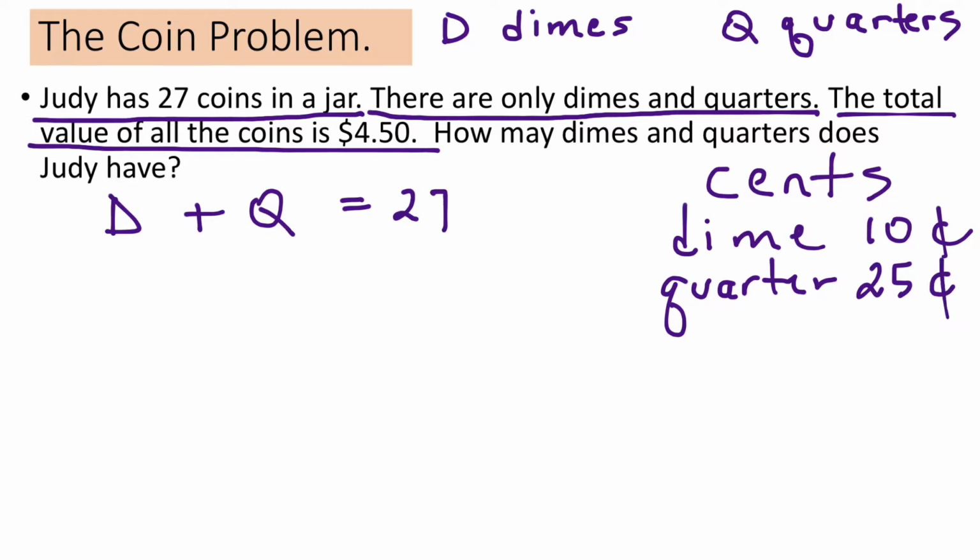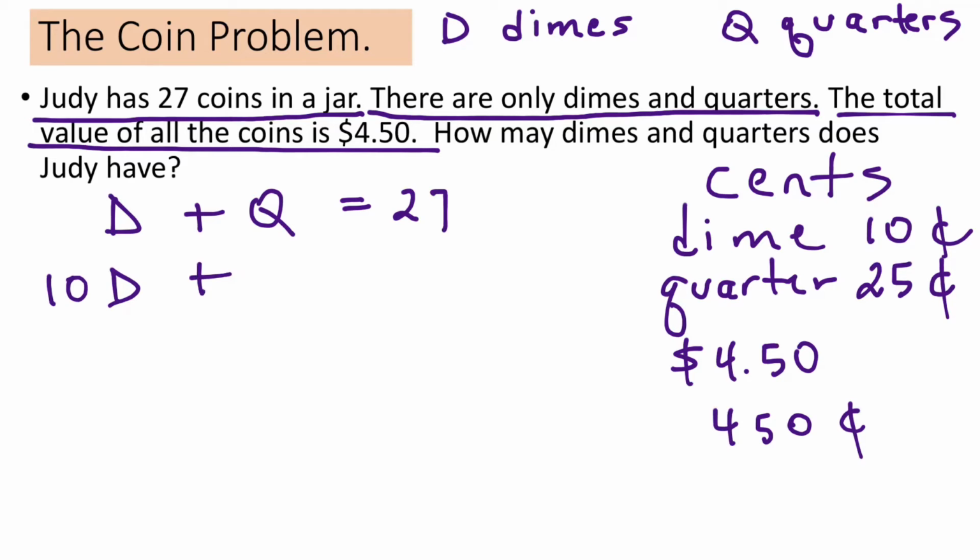So $4.50 is the same thing as 450 cents. We've got the number of dimes times the value of a dime, 10 cents, plus the number of quarters times the value of a quarter, 25 cents, must add up to 450 cents.